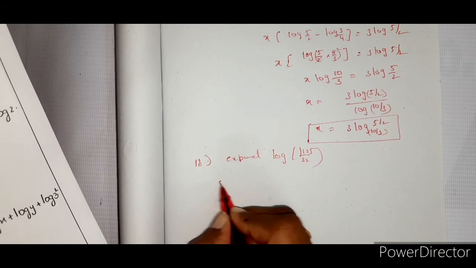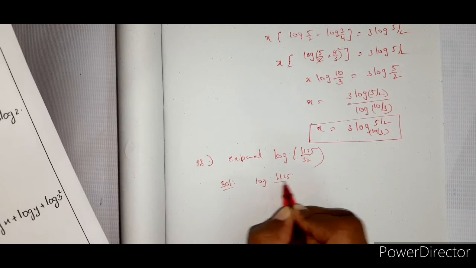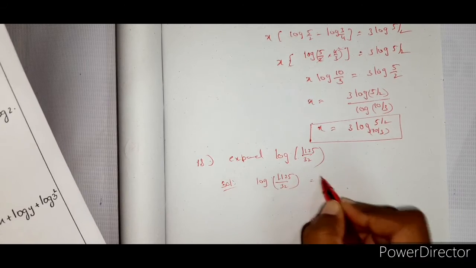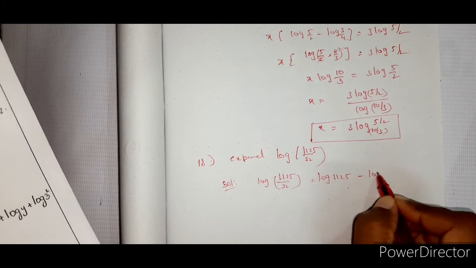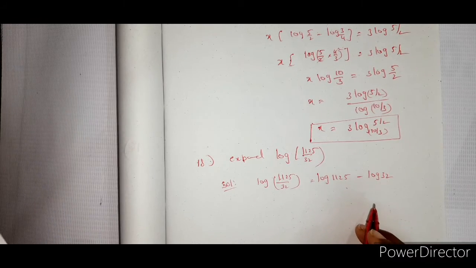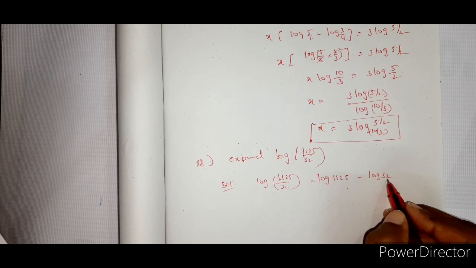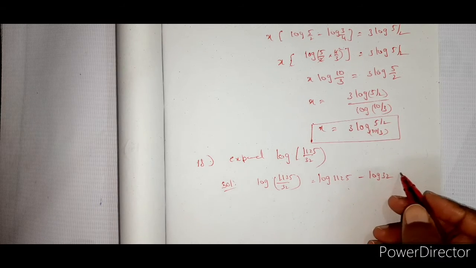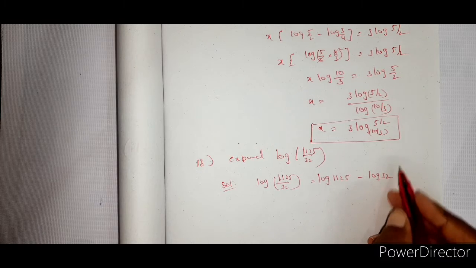So this is the solution. Log 1125 by 32 is equal to log 1125 minus log 32. Therefore, log 32, you know that it is 2 power 5. 2 power 4 is 16, 16 2s are 32, so 2 power 5.